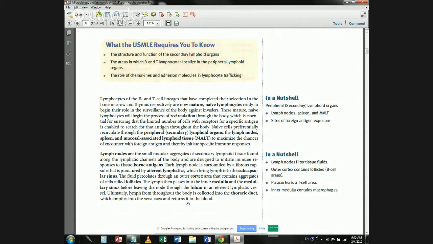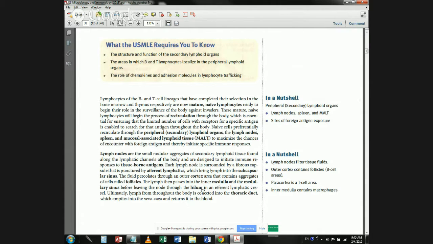And over there, they present these antigens to the lymphocytes. So remember, they come from the tissues only. Well, then each lymph node is surrounded by a fibrous capsule.